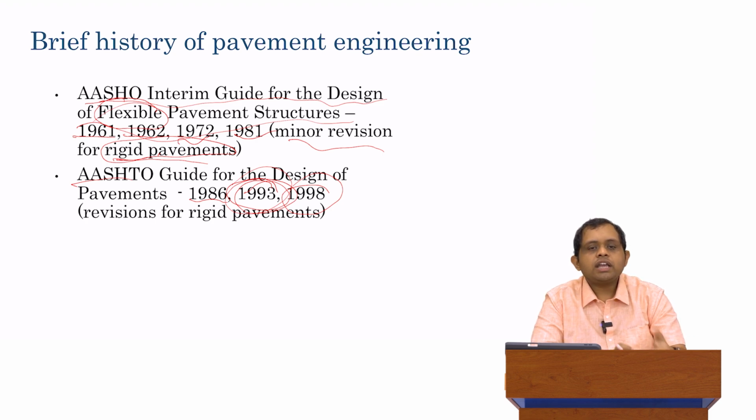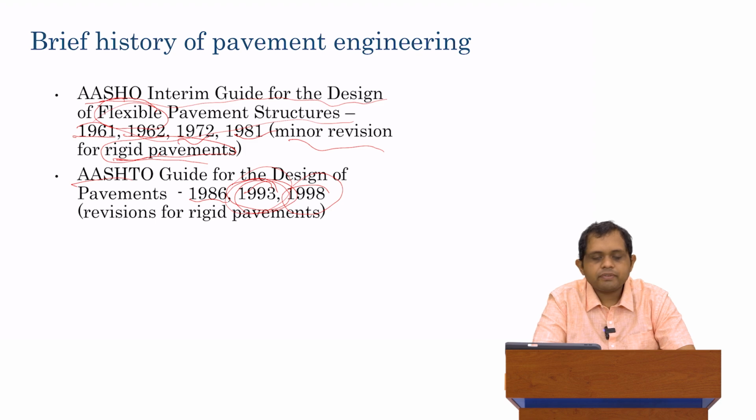So we had the AASHO road test, and after that, a few more smaller road tests, for example, the Minnesota road test, were conducted and to an extent are still being conducted. But a lot of data was also supplemented by monitoring active roadways and then supplementing data from the AASHO road test into these active roadways. So the 1993 design guide and a minor revision which came in 1998.